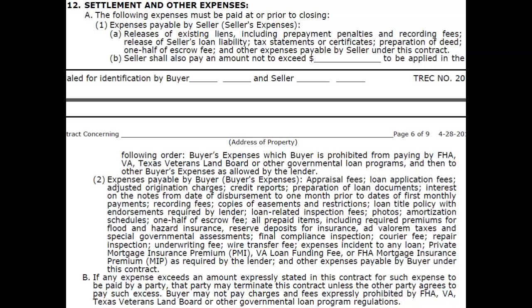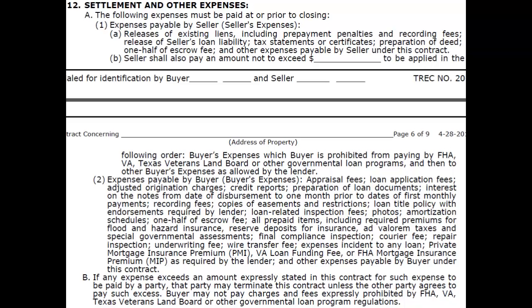You've got one section for the seller fees, seller expenses, and then number 2 is for buyer expenses. So let's dive into section A1, which is the seller expenses that are to be paid at closing. And then that is broken up into two parts. So you've got 12A1A.